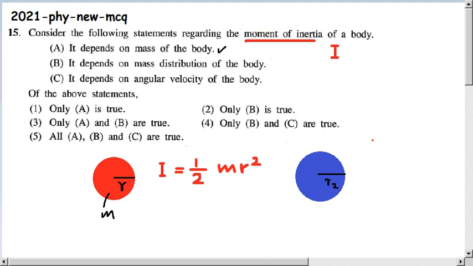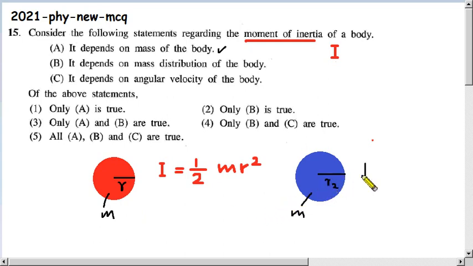So the mass is the same, because even though the radius is larger, it is thin. This one is a little bit thick, so the mass can be equal, but radius is larger.